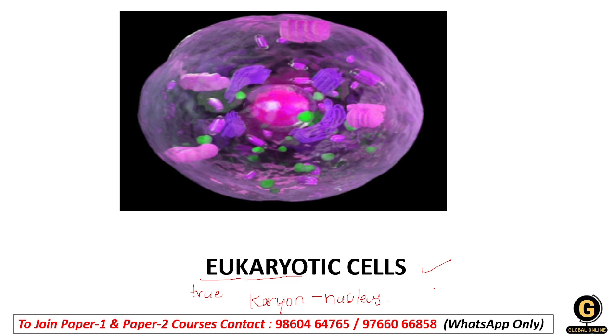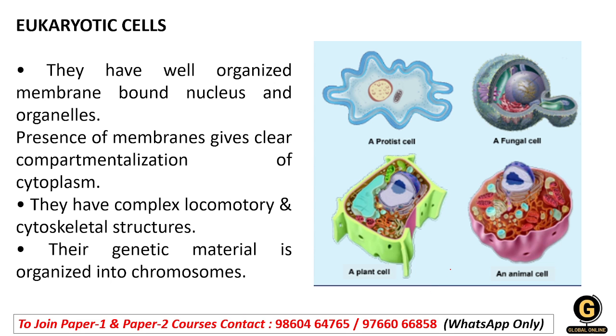What are the characteristics of the eukaryotic cell? It has a well developed membrane bound nucleus and organized organelles. It has an organized nucleus and the nuclear membrane. What do they include? They include protists.